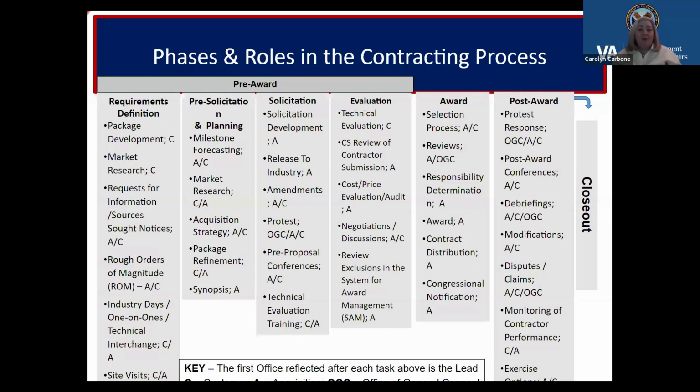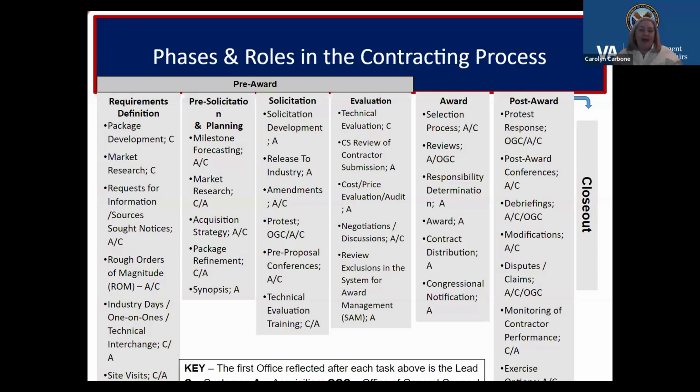So I think that this is a great slide to maybe print out and leave on your desk, hang up on the wall. But if you're working with a contracting team, you'll know what your role is in each of these phases. And one thing I like to share with my customers is that we know that this isn't your day job and that acquisition takes you away from the responsibilities that you may have day to day, but the acquisition process is an important one.